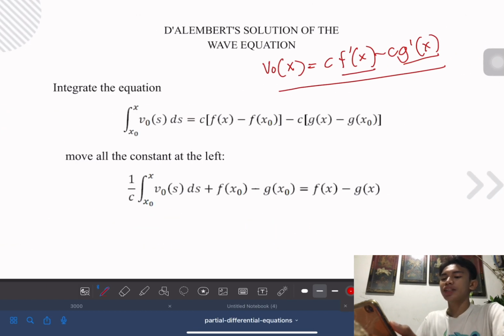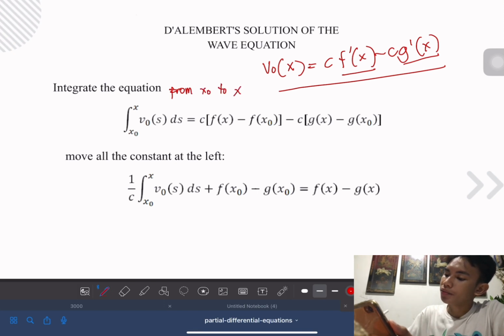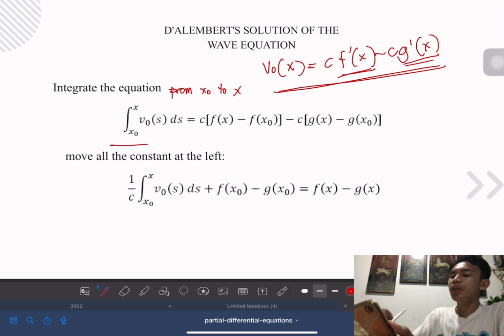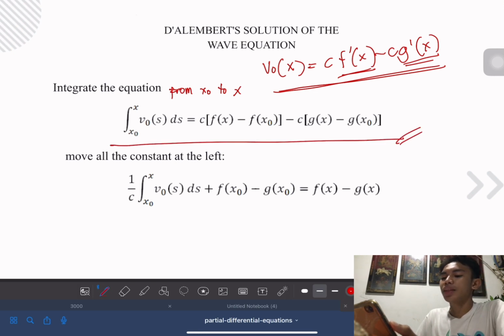Next step is integrating the second equation from x sub 0 to x. When integrating the second equation, the prime function becomes its antiderivative. So we come up with this formula. The integral of v sub 0 of s ds evaluated from x sub 0 to x is equal to c times f of x minus f of x sub 0 minus c times g of x minus g of x sub 0.